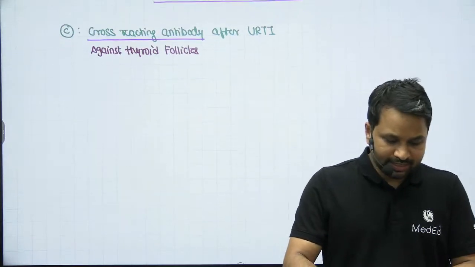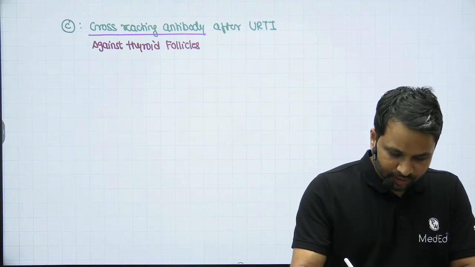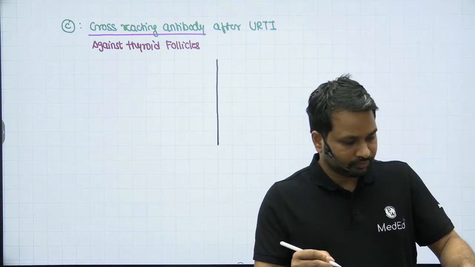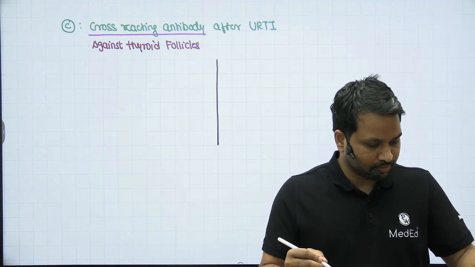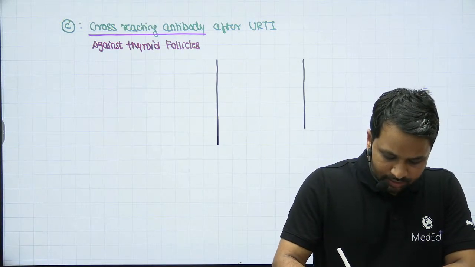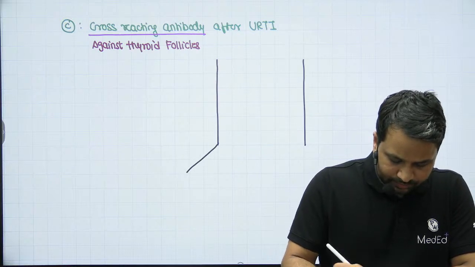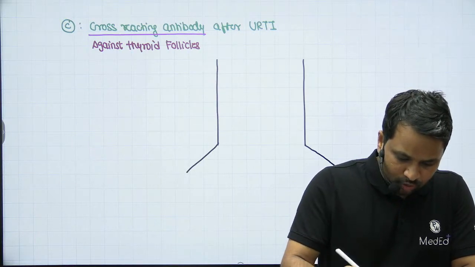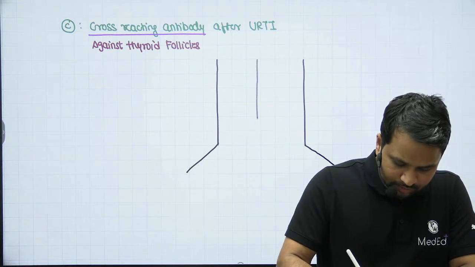Now, if you take this as the representation of the neck, we'll talk about it in the same context. Let's say this is the trachea, which is the upper respiratory tract we're talking about.